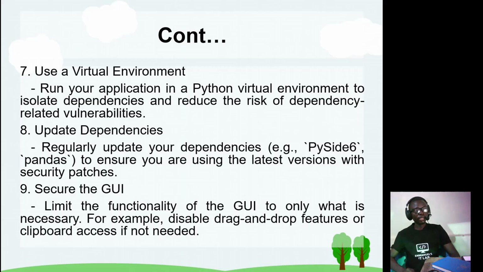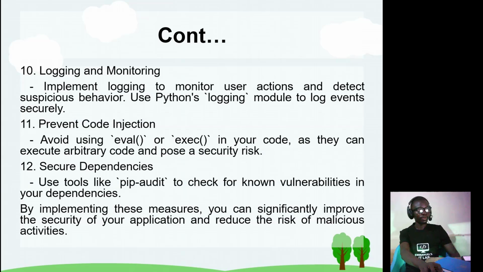For example, disable drag and drop features or clipboard access if not needed. In case there is no need for copying and pasting, you can disable the clipboard. Then logging and monitoring: implement logging to monitor user actions and detect suspicious behavior. Use Python's logging module to log events. If you're on a website, also check out what can best support you in that.